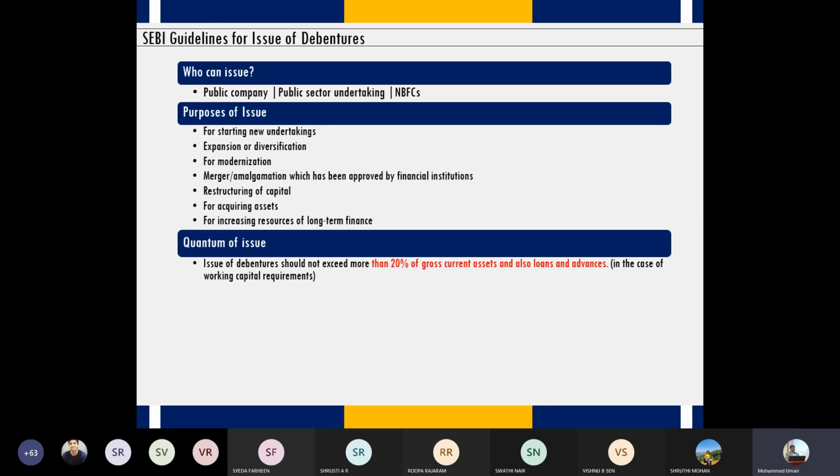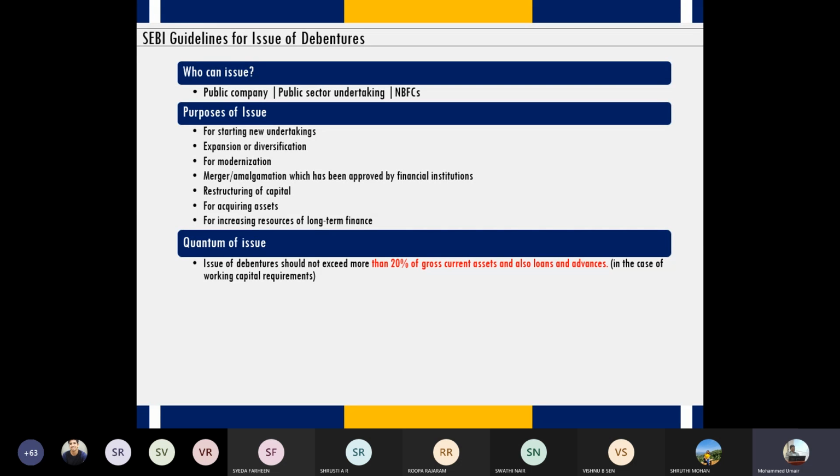Suppose I want to borrow 500 crores by way of issuing debentures, am I allowed to do so? No, I have to follow this quantum of issue criteria, which says that the issue of debentures should not exceed more than 20% of gross current assets and loans and advances.